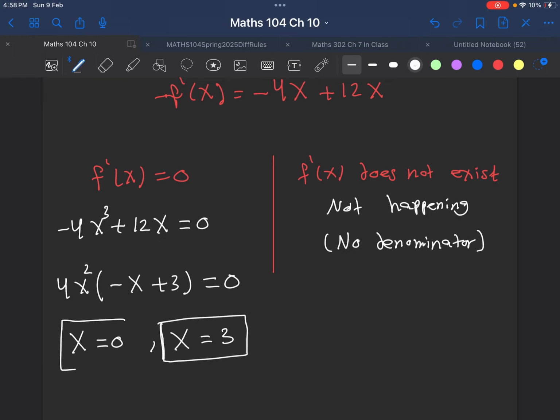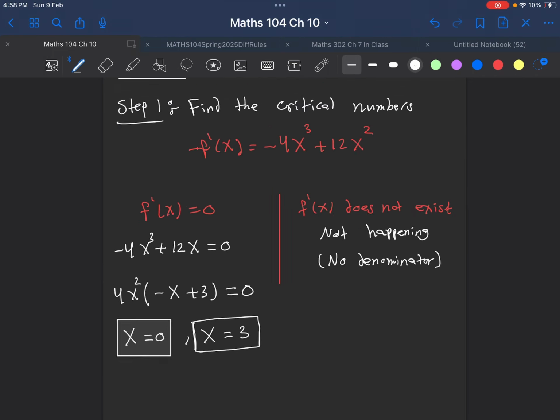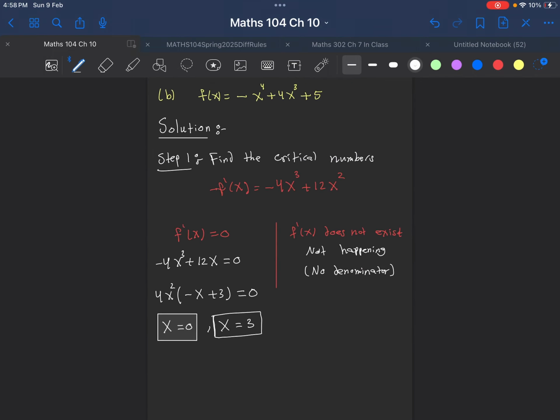And those are the critical numbers. So we found the critical numbers. Step number 2, we will put them on the number line, and then we will see if the derivative is positive or negative. So let me just take the derivative with me to the next page.